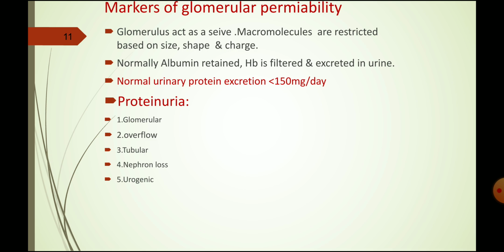The normal urinary protein excretion is less than 150 milligram per day. When protein passes through urine, it is called proteinuria. There are various types: glomerular proteinuria, overflow proteinuria, tubular proteinuria, nephron loss proteinuria, or urogenic proteinuria. Just for completion, I am mentioning all this.